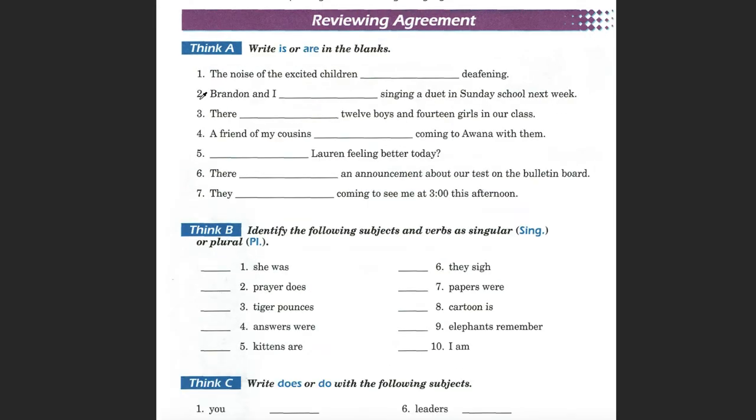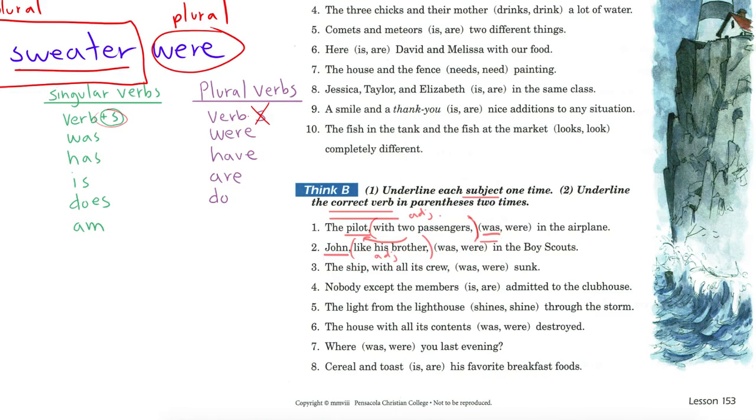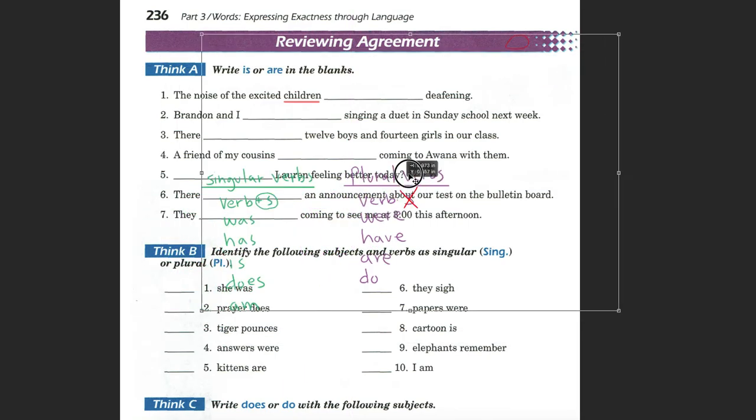Think A. Write is or are in the blank. The noise of the excited children is or are deafening. So children is our subject. So is that singular or plural? That's plural, right? So let me go back. Let me copy this and I'll paste down to here. All right.